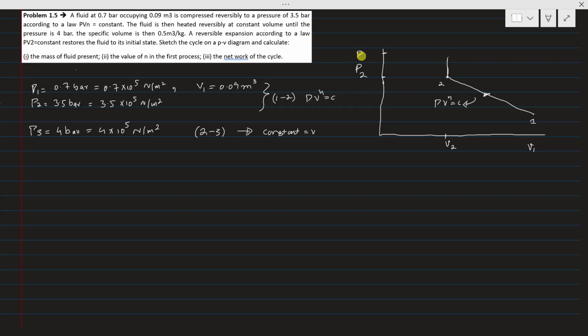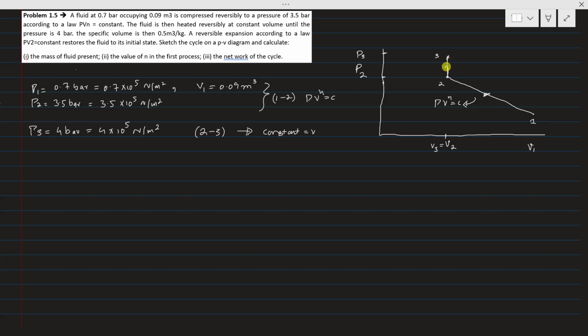The specific volume V2 must be the same as specific volume V3, because process 2 to 3 takes place at constant volume. That is the main reason. Next, a reversible expansion according to a law PV^2 equals constant restores the fluid to its initial conditions.